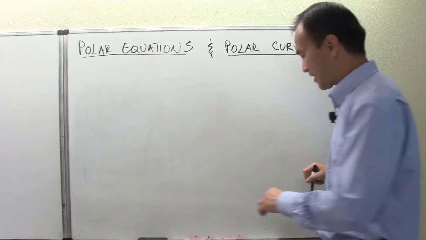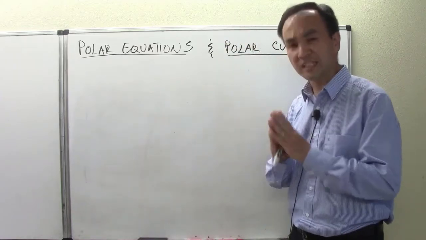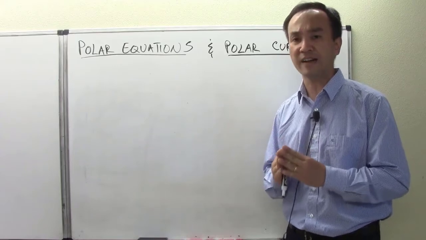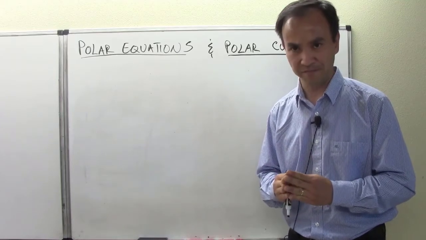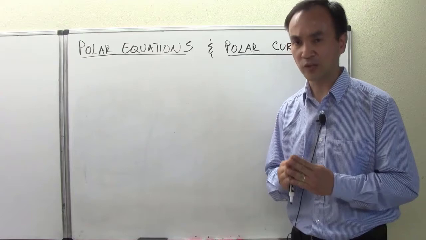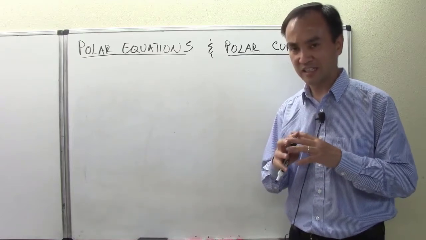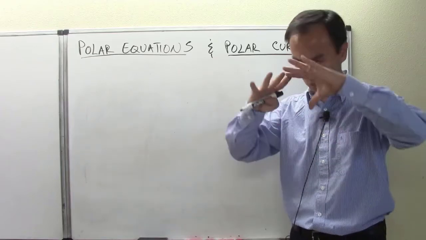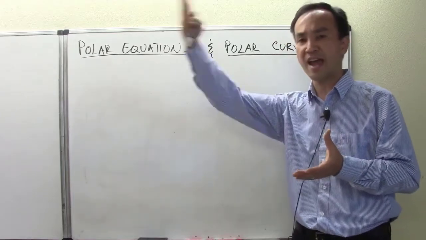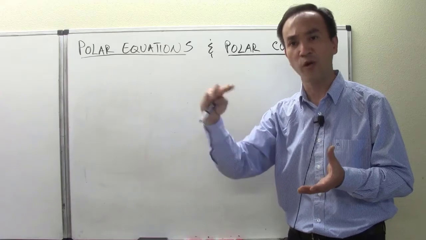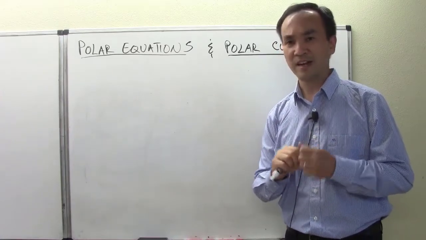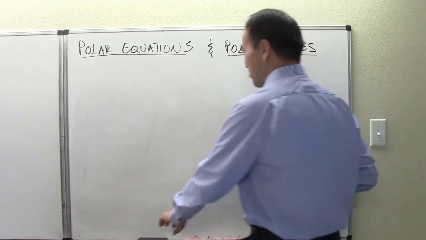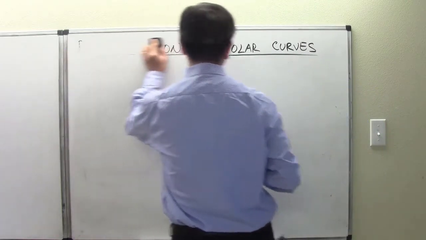In my philosophy of teaching up to this point, I believe you have seen enough of how to operate with functions, so I can skip those details and get straight into how, within what we already understood, we add the idea of polar coordinates on top of that. How we operate as a function is the same way, and any function has a graph.